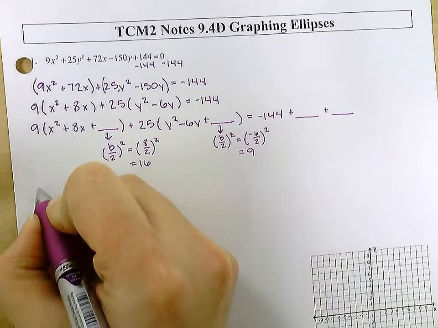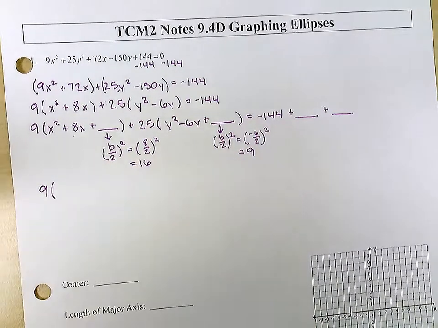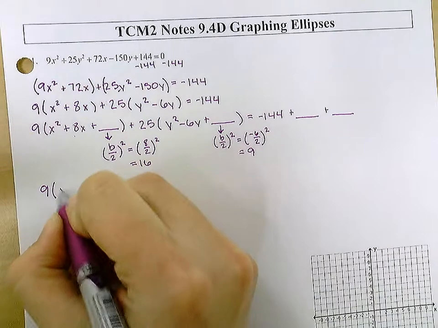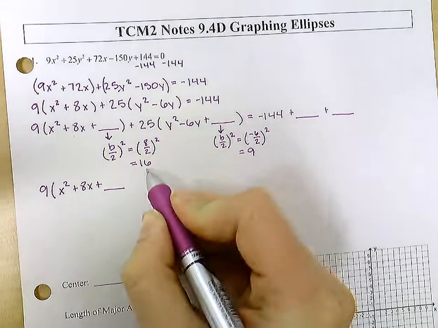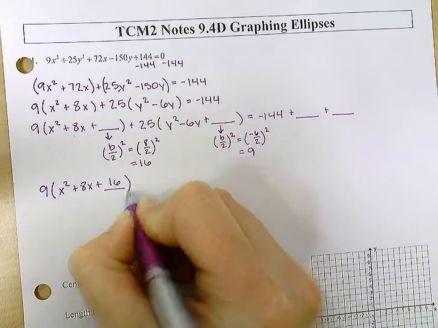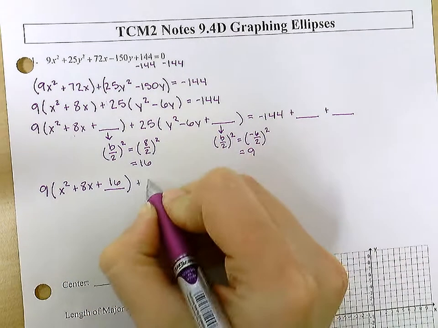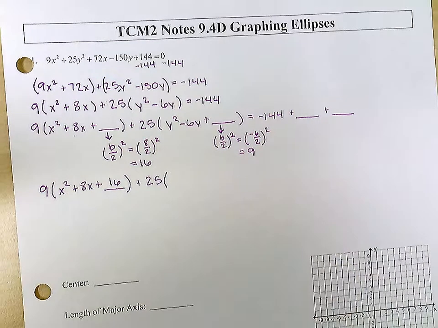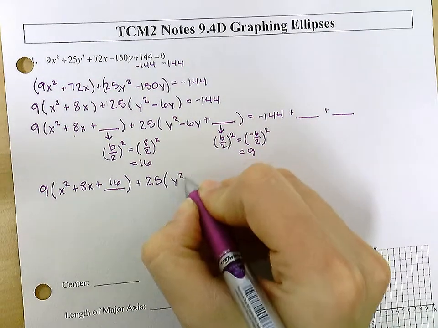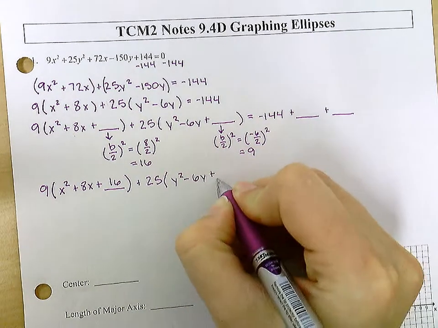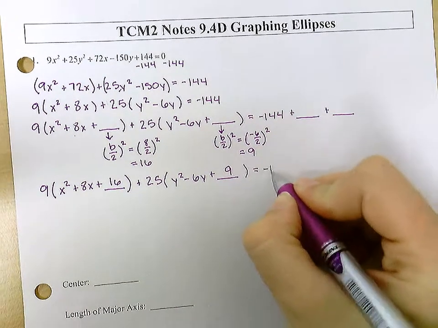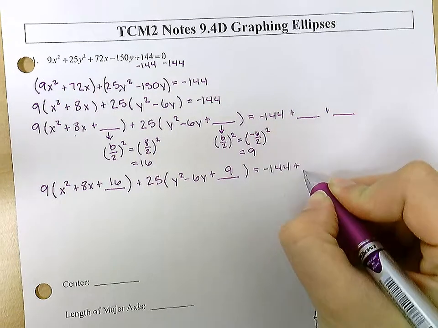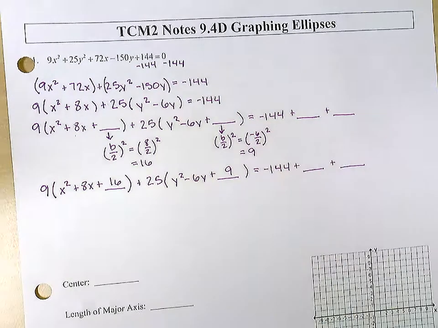Okay, so I'm going to rewrite this out. So I have 9 times the quantity of x squared plus 8x plus what I just found, 16, plus 25 times the quantity of y squared minus 6y plus what I just found, 9, is equal to negative 144 plus 2 other quantities.